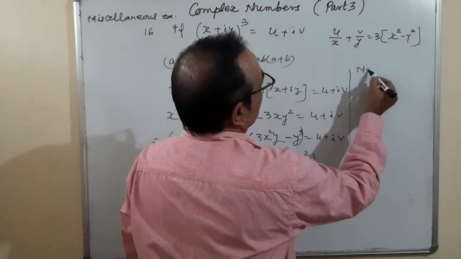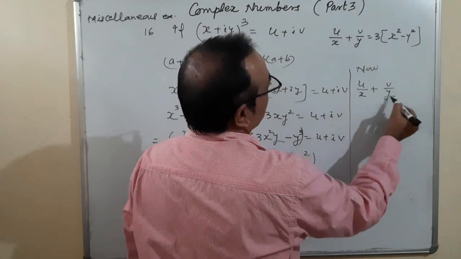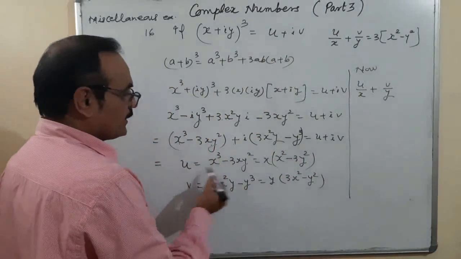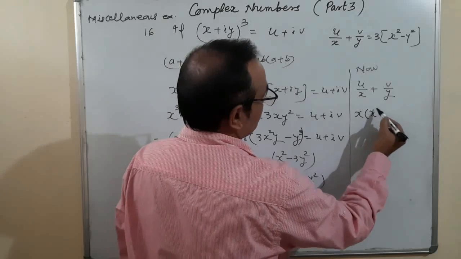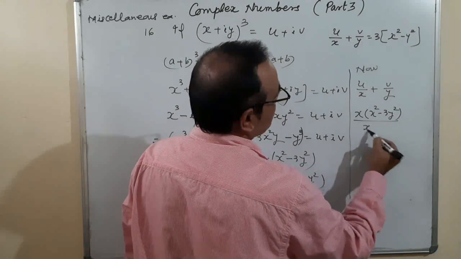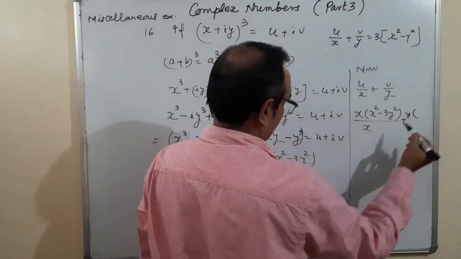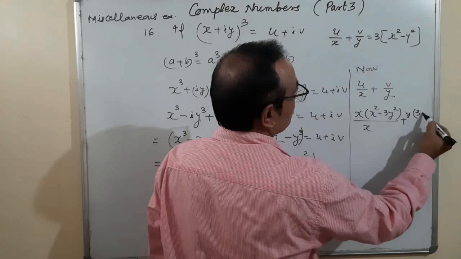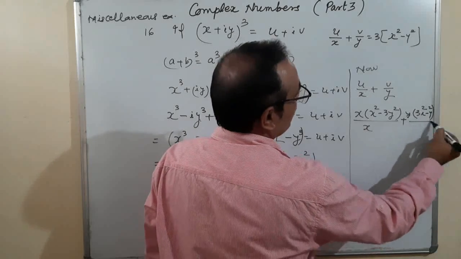Now u/x + v/y. What is the value of u? We got it here: (x² − 3y²) upon x, plus v, which is y(3x² − y²) upon y.